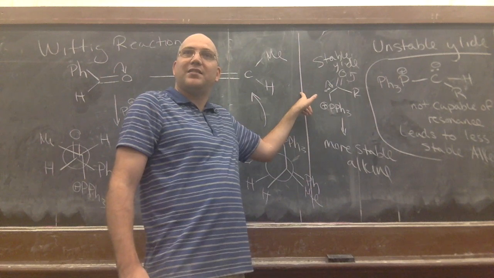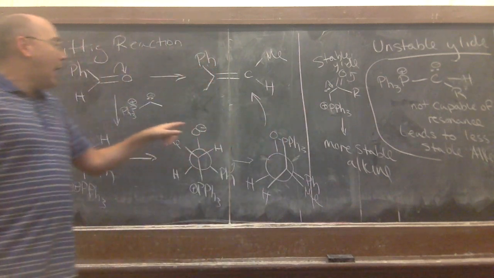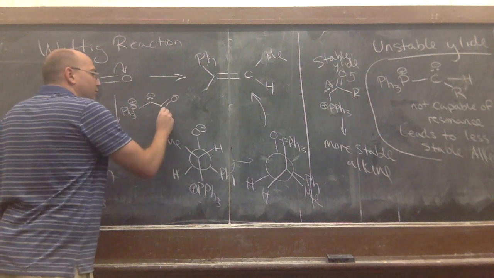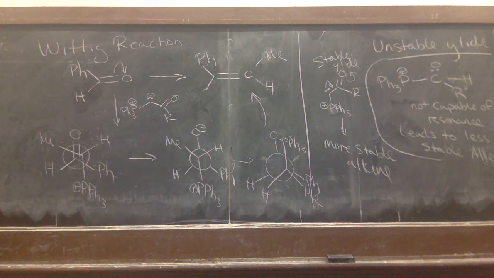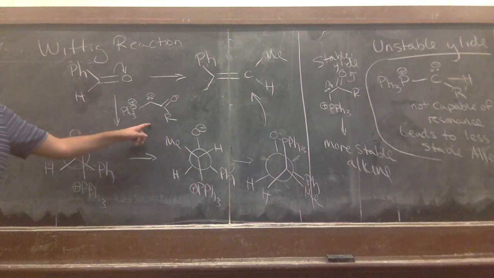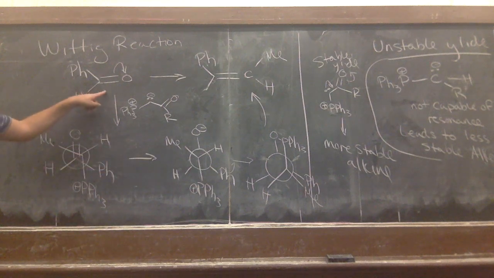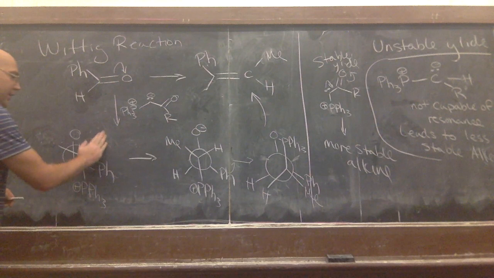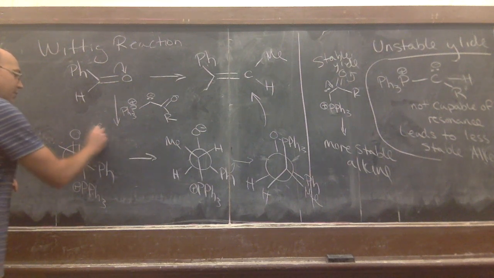Does that make sense? Right? However, if this was, say for example, reversible or stable, then now maybe this is reversible. And if this is reversible, then over time what's going to happen, right, is that that methyl group at some point is going to end up over here.